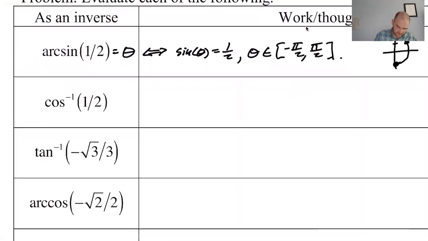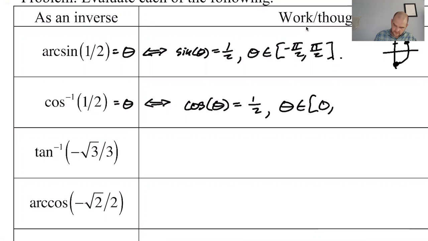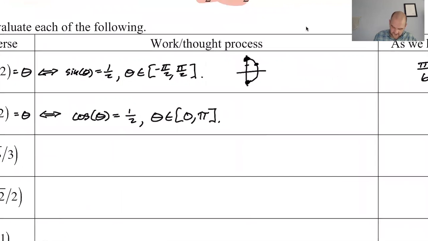If you're talking about cosine inverse of 1/2, that's equivalent to saying that the cosine of theta is equal to 1/2, but theta is an element of 0 to pi. Well, what does 0 to pi look like? 0 to pi looks like the top half of the unit circle. I'm realizing if I draw this a little bigger, it might be helpful.